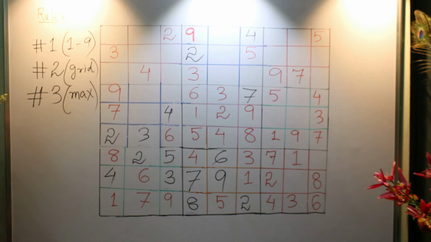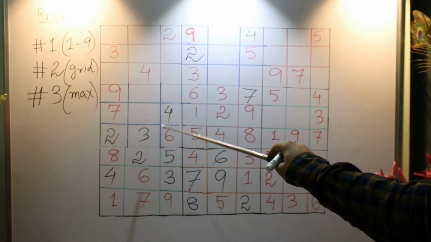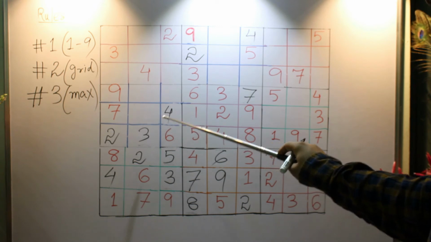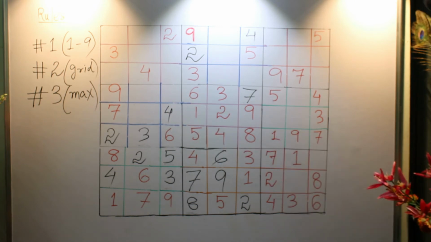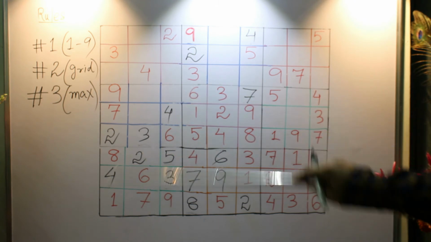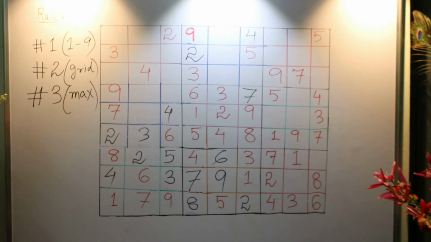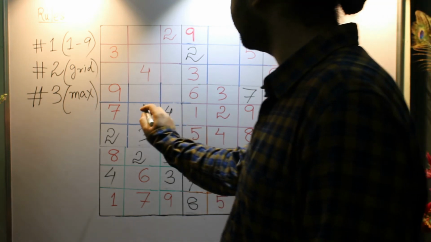Now with 6, for this particular grid, 6 is already there. Come with 5. 5 we cannot place here because of this 5, we cannot place 5 in these two boxes because of this 5, so the only place where I can put 5 is this.